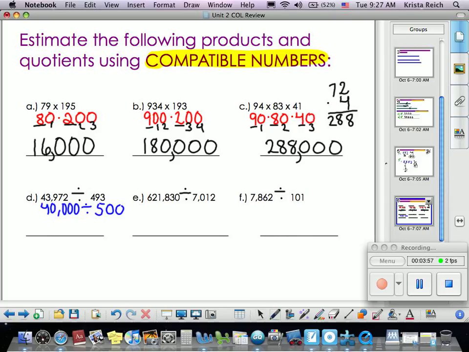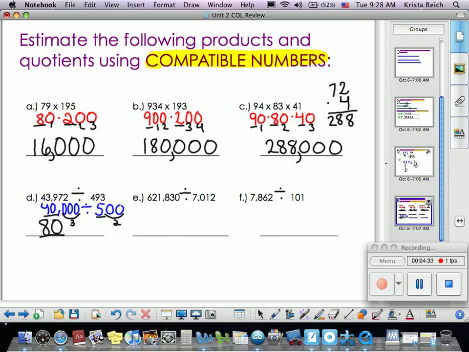With division, you have to take a number like 5 and say, can 5 go into 40? Well, yes it can. 5 goes into 40 8 times. Now keep in mind with division, we subtract our zeros. So we have 3 zeros here, and we have 2 zeros here. 3 minus 2 is 1 zero. So 80 is one estimation that will work.